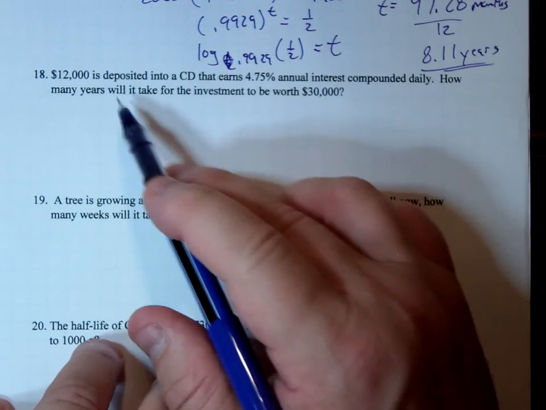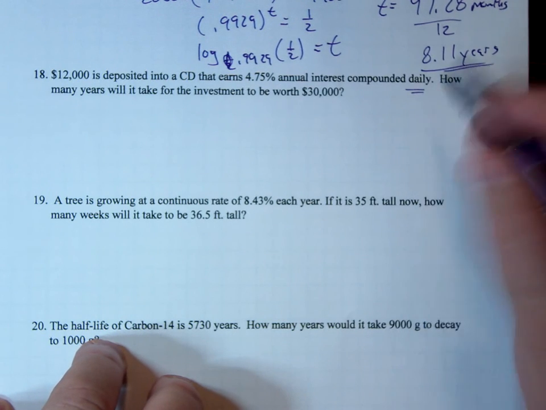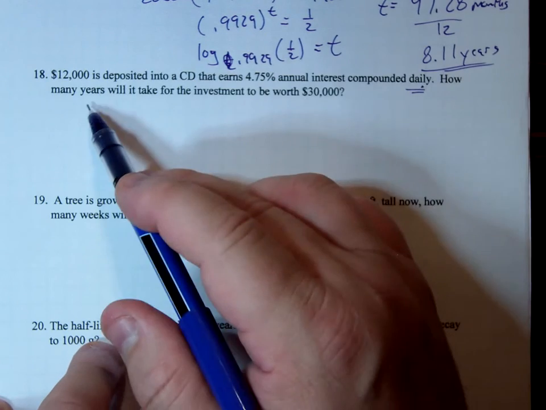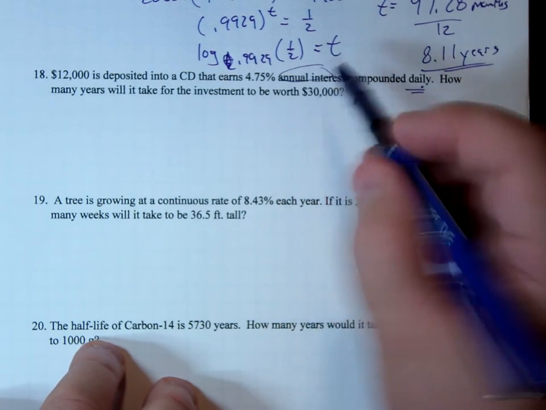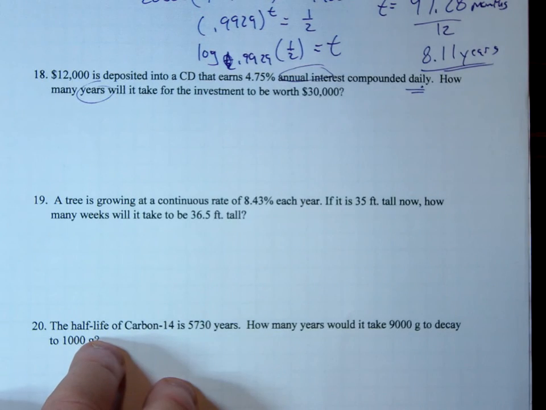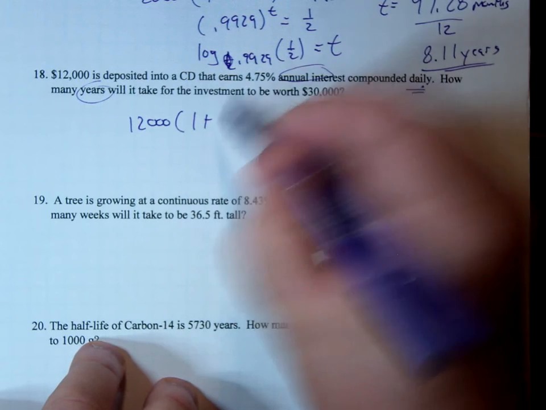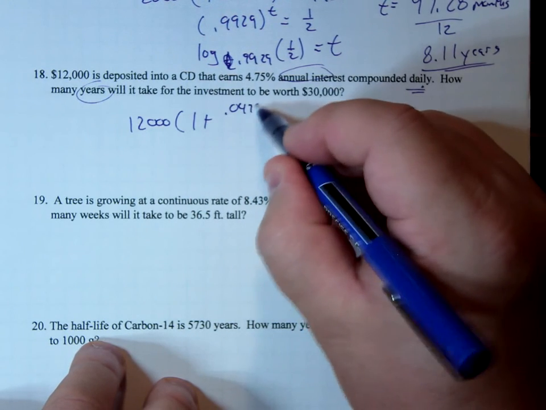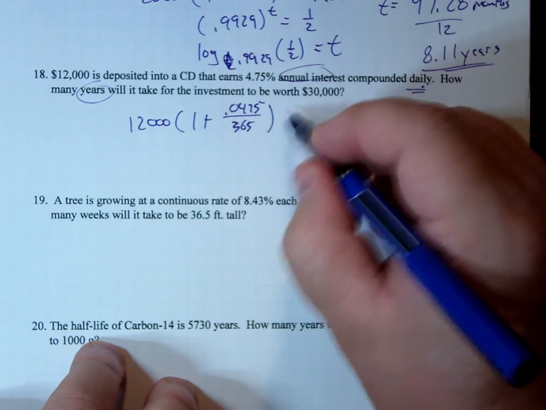$12,000 deposited, 4.75% compounded daily, 365 times. How many years will it take for the investment to reach 30,000? And remember, since this is annual growth, our answer will be in years. So starting with 12,000, 1 plus 0.0475 over 365, to the 365t power.